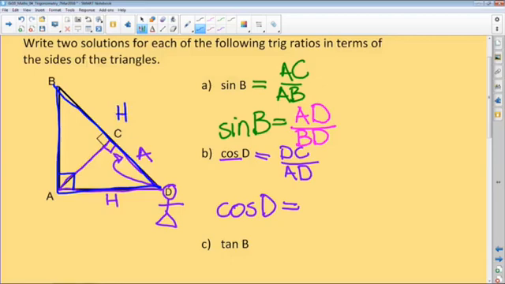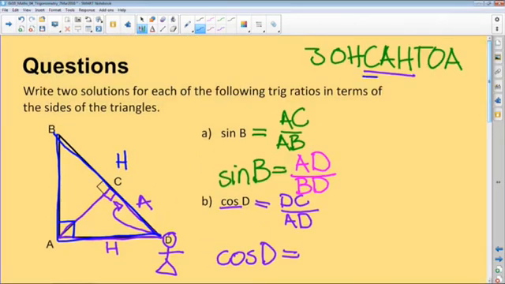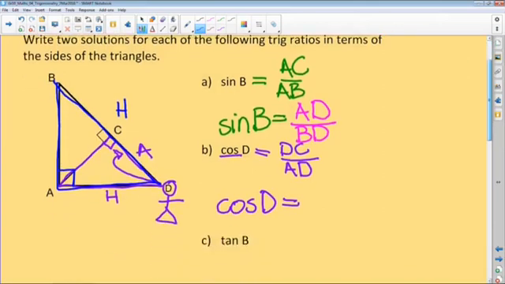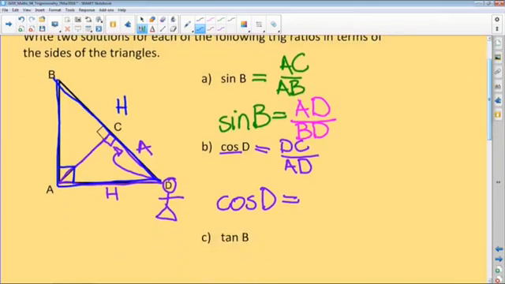And cos is adjacent over hypotenuse. There it is. So we put our adjacent over here, and it's easy to see because it's next to little Helen. So that means our adjacent is AD and our hypotenuse is BD.